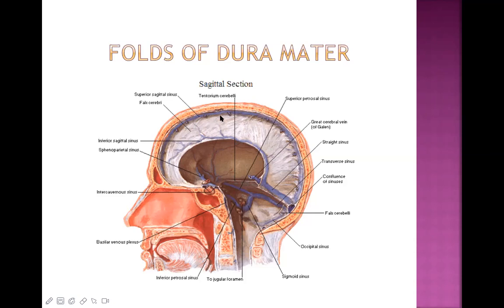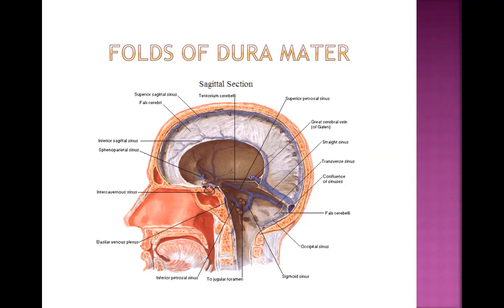Now this is a tent-like structure which separates the supratentorial compartment of the cranial cavity from the infratentorial compartment. So this is tentorium cerebelli. So two folds we have discussed: falx cerebri, the sickle-shaped structure, and here is tentorium cerebelli.